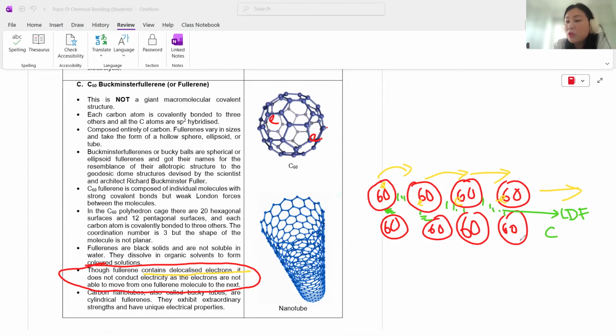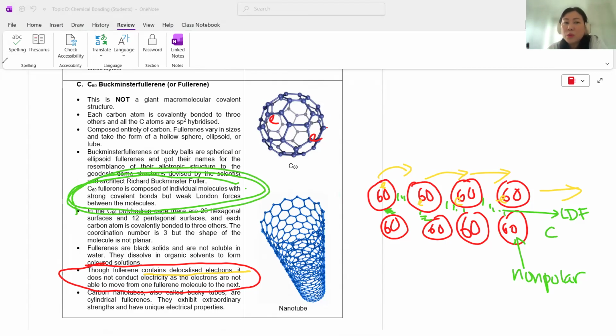So the whole molecule is non-polar. So non-polar molecules will usually have only London dispersion force. So it's not strong, it's weak. And therefore, we don't expect C60 to be hard. It will also be soft because of the weak London dispersion force that is found between the molecules.